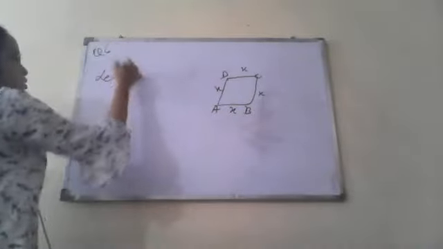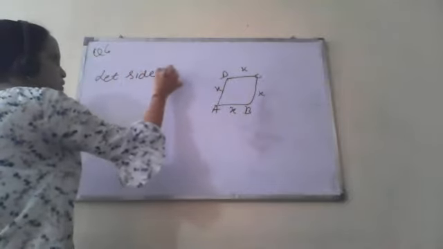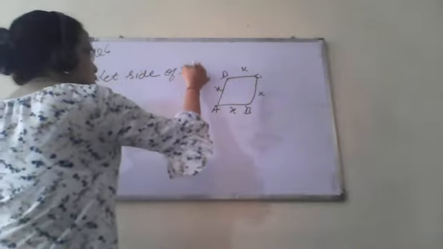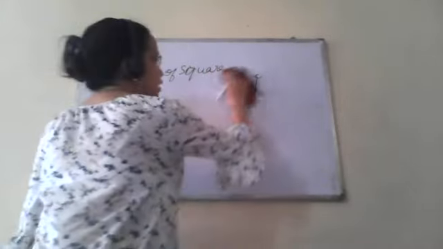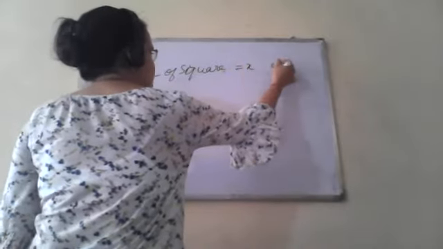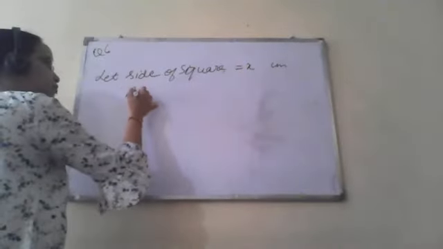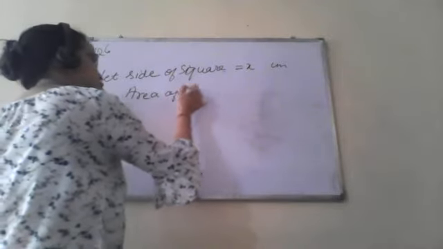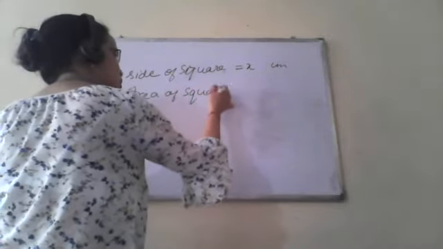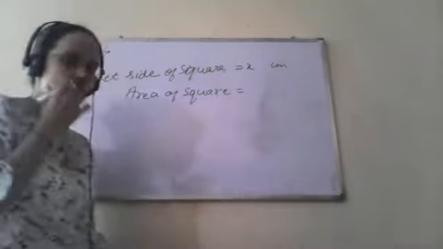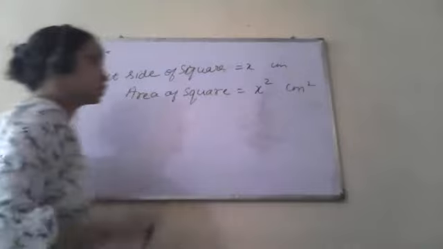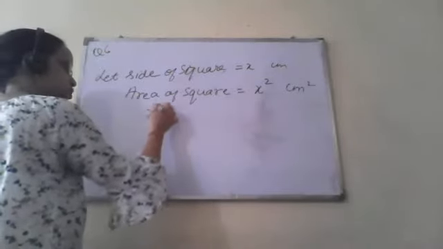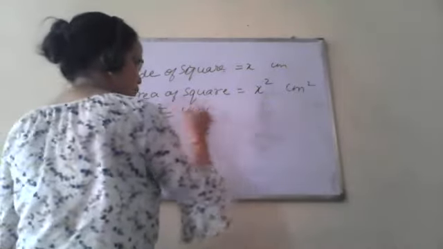Side of square, we will suppose, be x centimeter. So the area of square will be side square, that is x square centimeter square, but according to the question the value of this x square is 441.